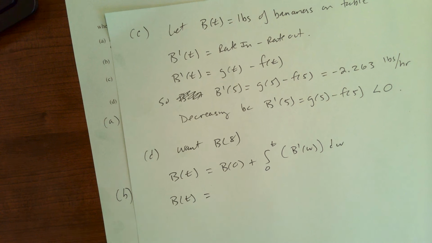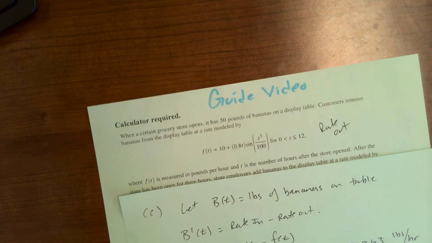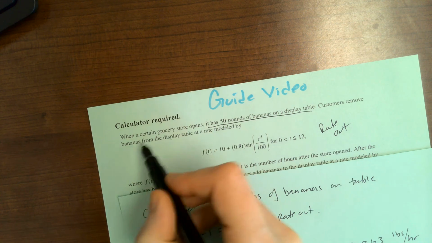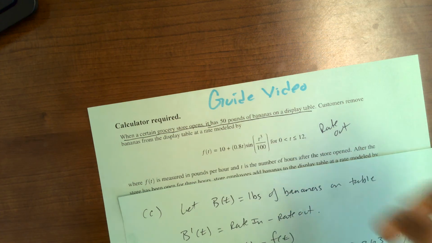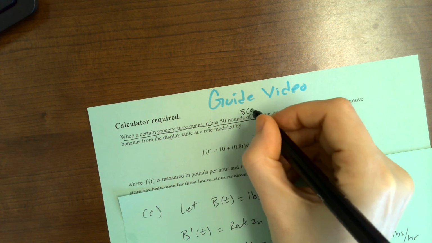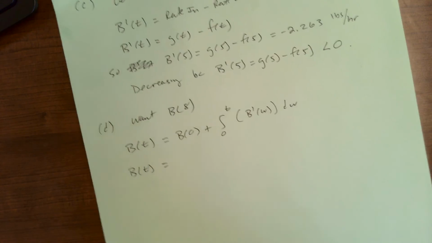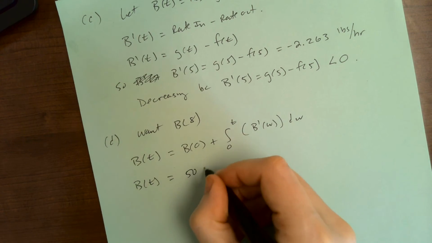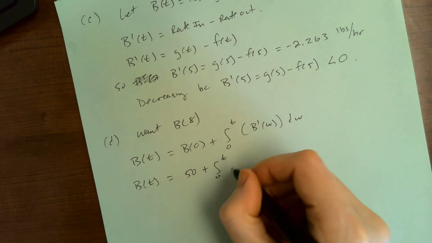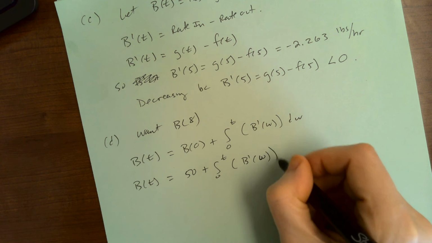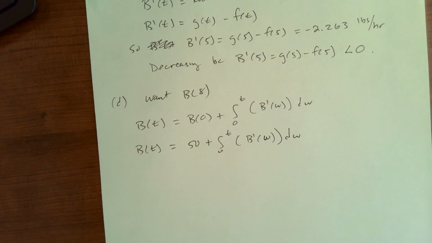B of 0, do I know the number of bananas on the table at time 0? I do. 50 pounds of bananas on the display table when a grocery store opens. So B of 0 is 50. Okay, so 50 plus the integral from 0 to t, B prime of w, dw.